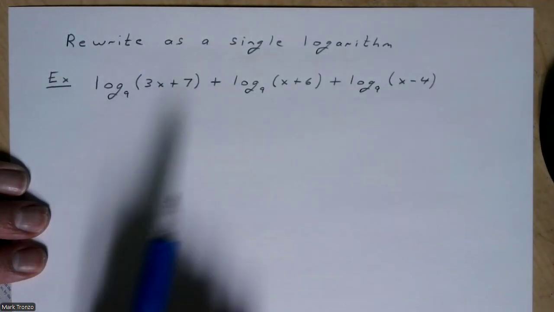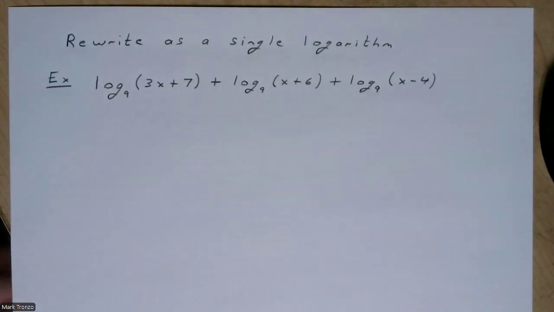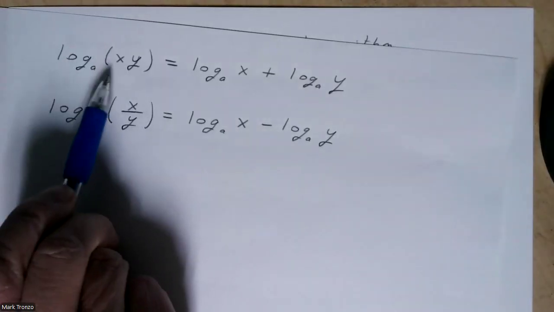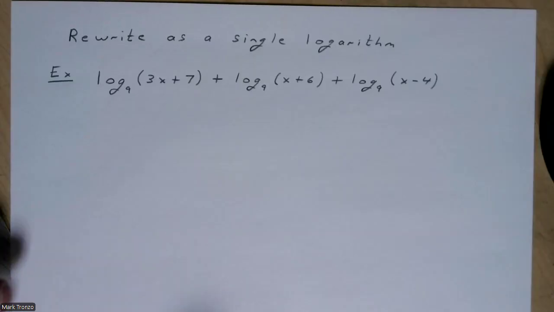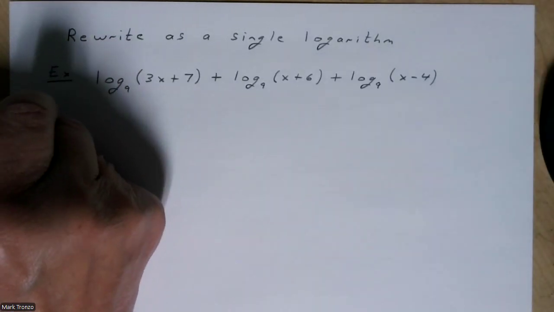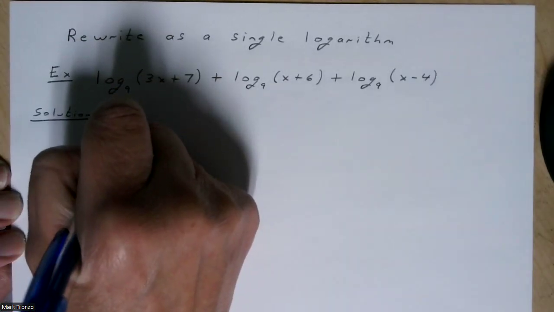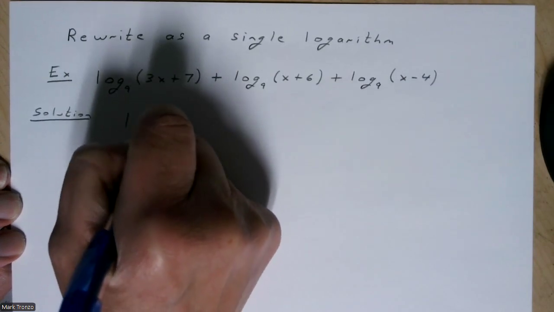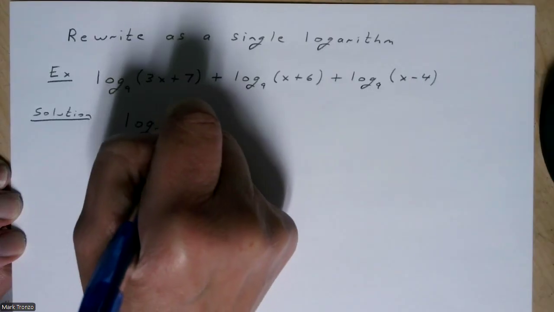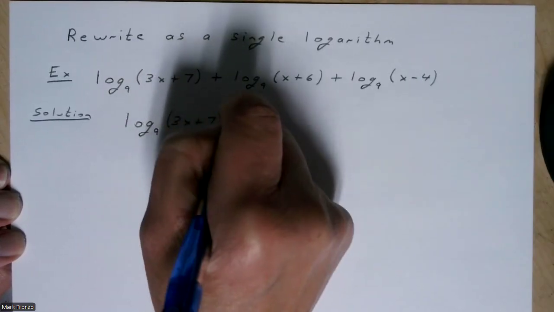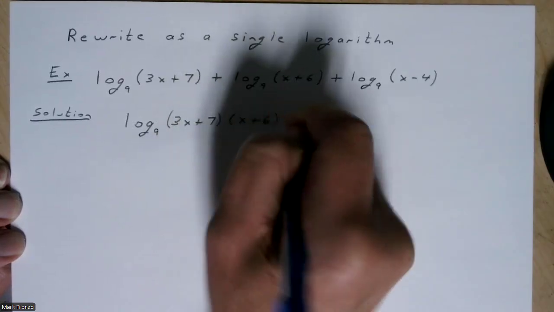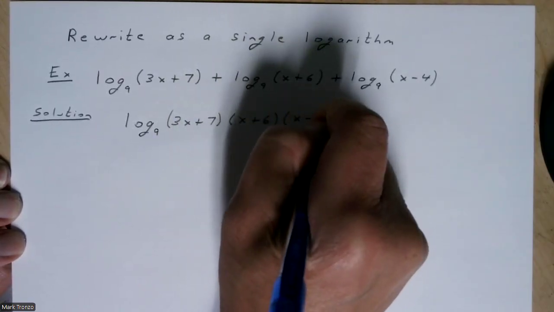And we're supposed to rewrite this as a single log. So a minute ago, we said that you could write a product as a sum. So in the same way, you can write the sum as a product. So we could put this all together, and we could say this is log base 9 of 3x plus 7, x plus 6, x minus 4, like this.